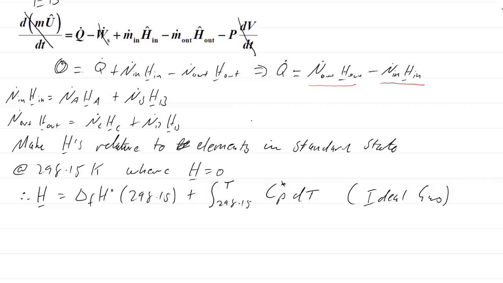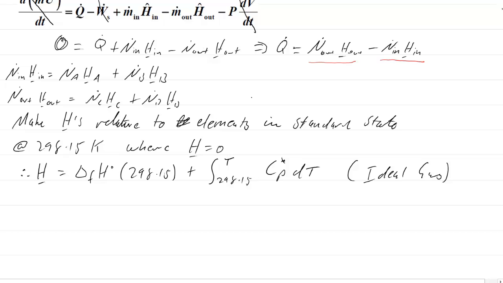Okay, so if I take an example here of doing this for component A, we'll look at the enthalpy of A as it comes into the system, and I'm just going to write a very general equation here. So the heat of formation at T1, which we know is 298 Kelvin, plus the integral from T1 to T2.